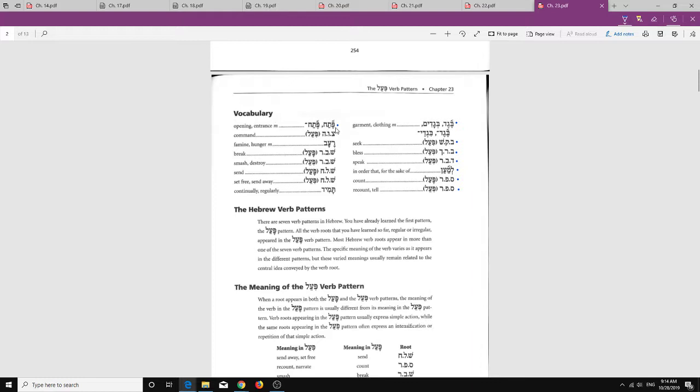Next we have petach, which means opening or entrance. You can see it comes from our verbal root patach, which means he opened. It's also a synonym to another word we've learned, pe, which is mouth or opening. Next we have tzave, which is a command.